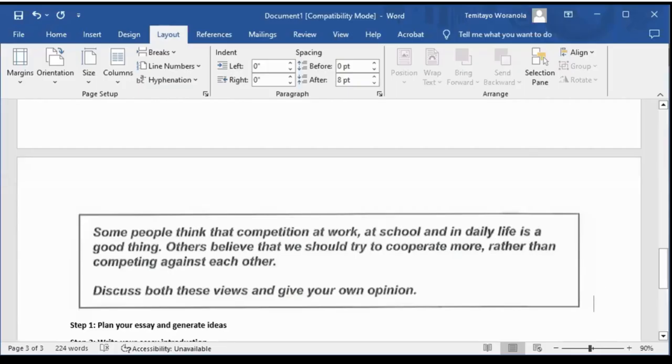So what is option 1? I can decide that competition is better. Option 2, I can decide that cooperation is better. Option 3 is to stay in the middle and say both competition and cooperation are good, that people should engage in both, and then I explain why I'm supporting both.